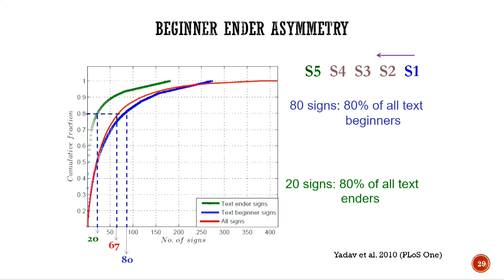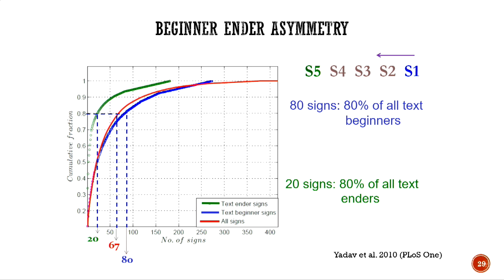Clearly, there is an asymmetry in the usage of text enders and text beginners, right? Given a sign at the beginner position, will you have more flexibility to use different signs at this location or at this location? This place, right?